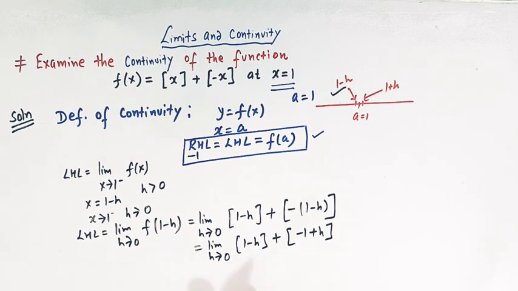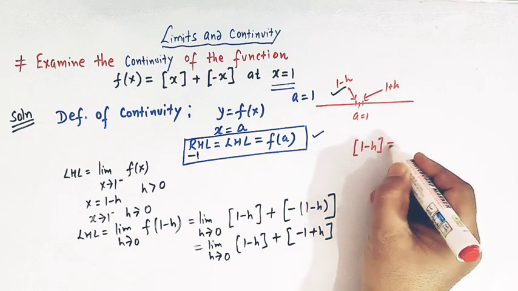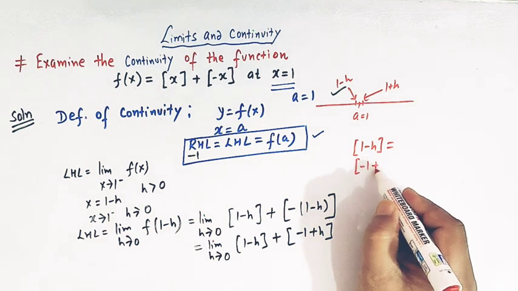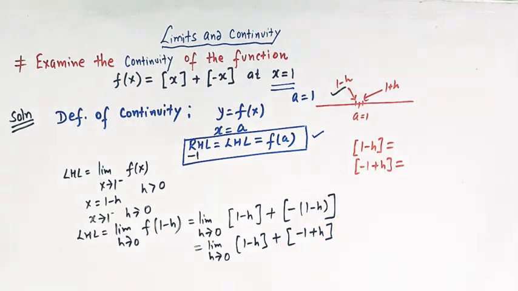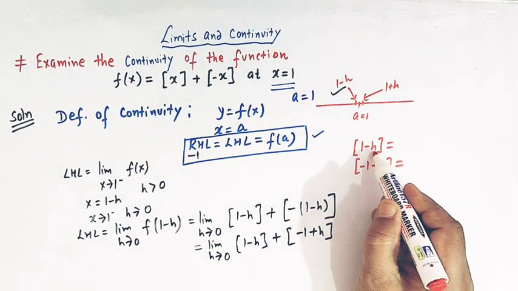So for this, we'll find out the value of greatest integer of 1 minus h and greatest integer of minus 1 plus h, right? So now let us first consider greatest integer of 1 minus h.